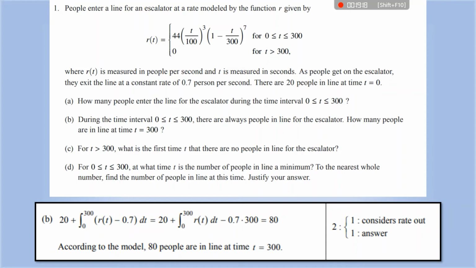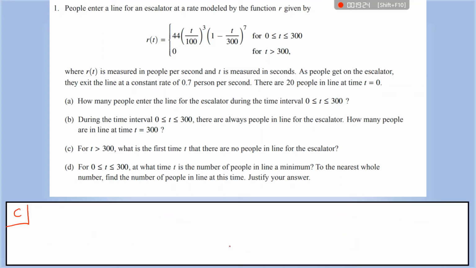Okay, we had 80 in line from the last problem. I should write these answers here so we can use them later. So at the time 300 seconds, there were still 80 people in line.